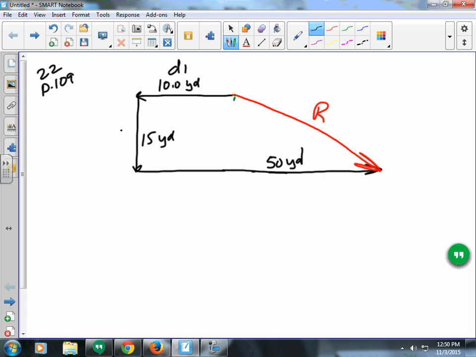All right, so let's call that D1, D2, D3. D1x is going to be what? D1 cosine theta. So that's 10 yards cosine of 180.